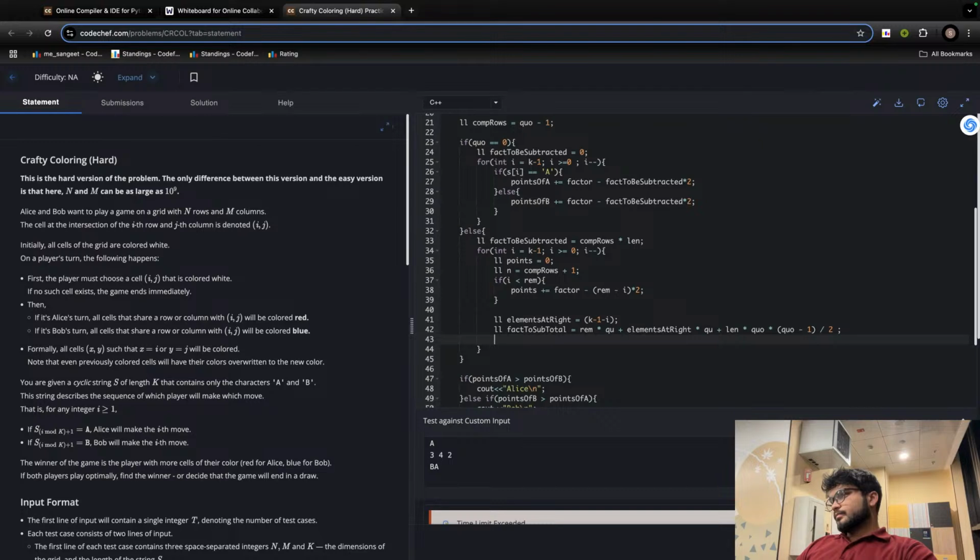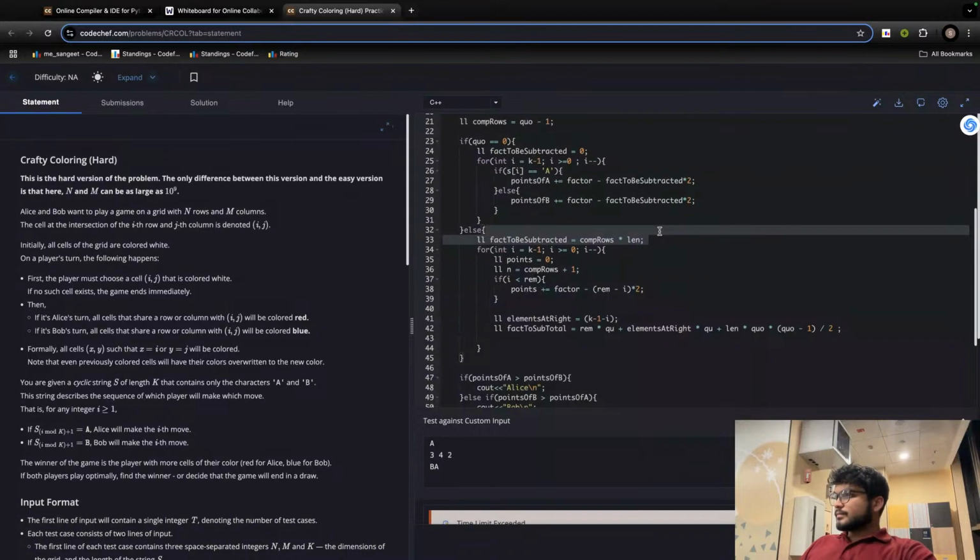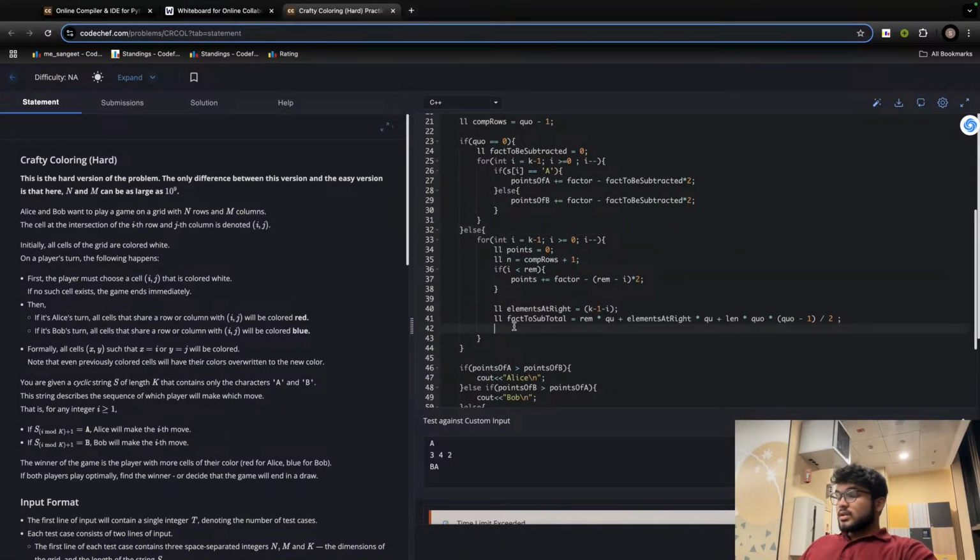Okay, I think now we don't need this, right? Now what is the total that is needed to be added? So we need to add points plus equals quotient, the number of rows, into factor minus factor to be subtracted.